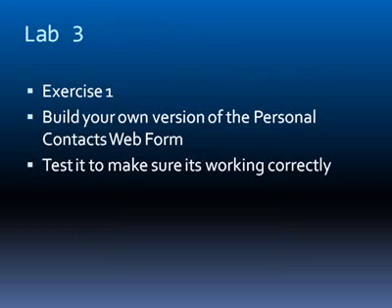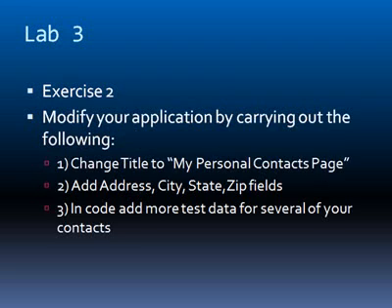So what we'd like you to do is take a look at the lab exercise that comes along with this chapter. First of all, you're going to build your own version of the personal contacts web form. You want to test it to make sure it's working correctly. We've laid out all of the steps already in these slides, so you should find it pretty straightforward.